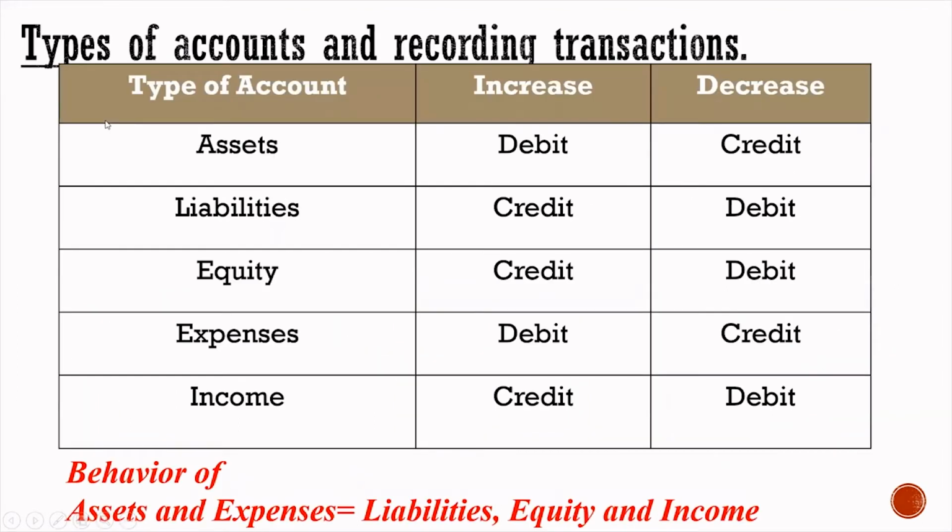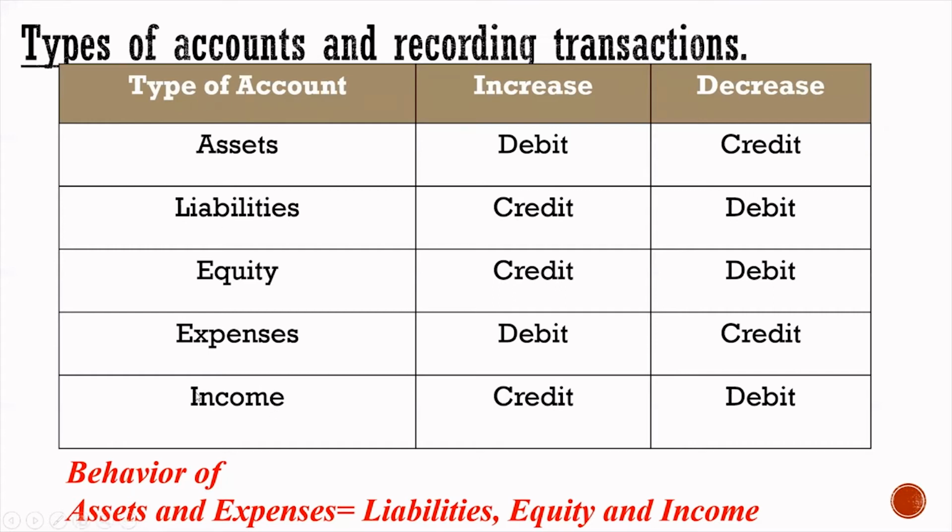So there are types of accounts and a format of recording. If it is assets or expenses, the increases will be recorded as a debit and the decreases will be recorded as a credit. While for liability, equity, and income, all the increases will be recorded as a credit entry while the decreases will be debit, so that they will have a balance.